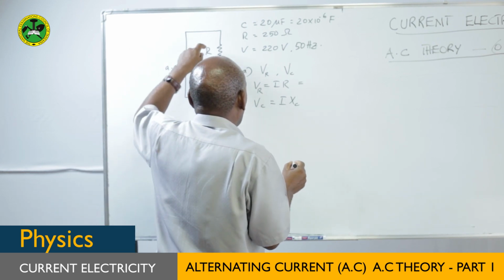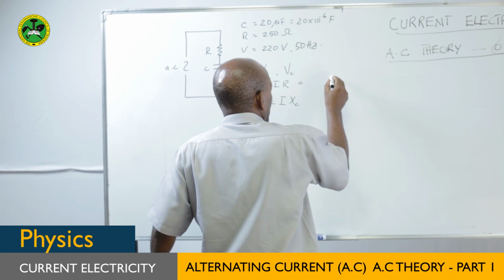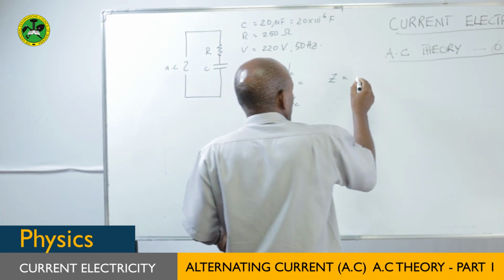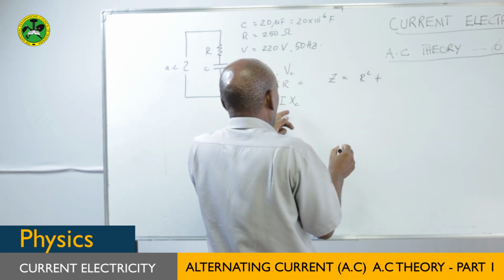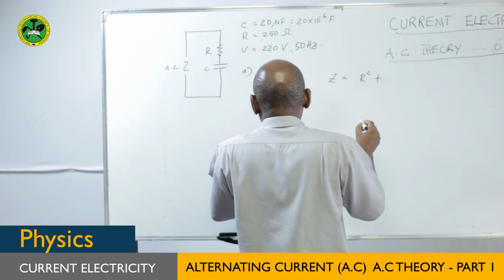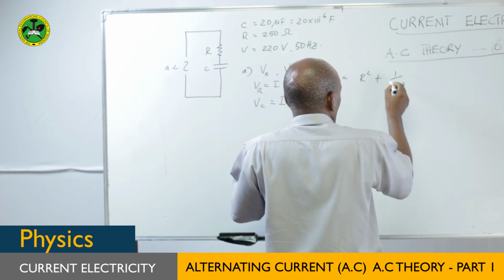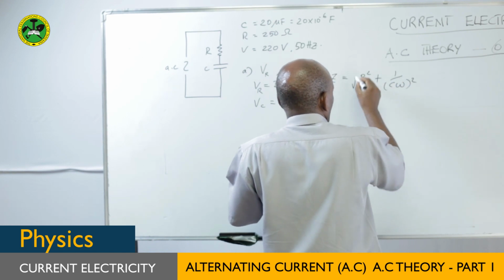Whenever we have a resistor and a capacitor connected in series, the impedance Z is just equal to the square root of R squared plus 1 over omega C, the whole of this squared.